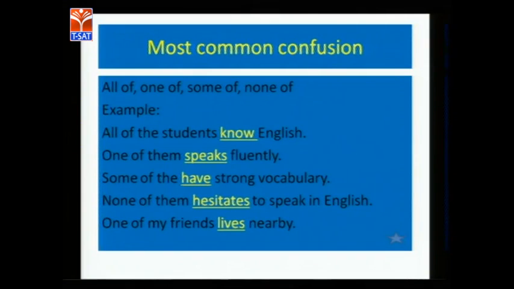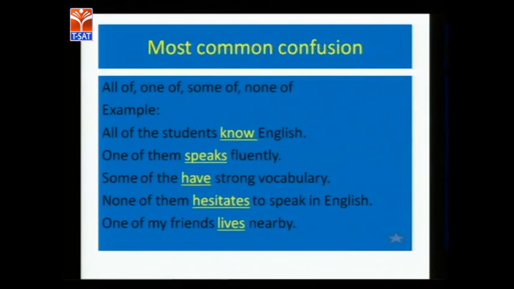All right? So one particular situation that I wanted to discuss in this episode is, I have often found a lot of my students using these expressions: all of, one of, some of, none of. Now, when you use anything with this one preposition called of, then you have to be very careful.